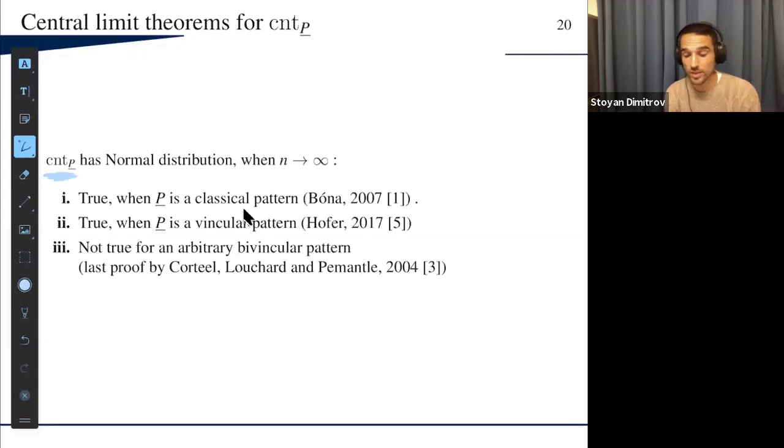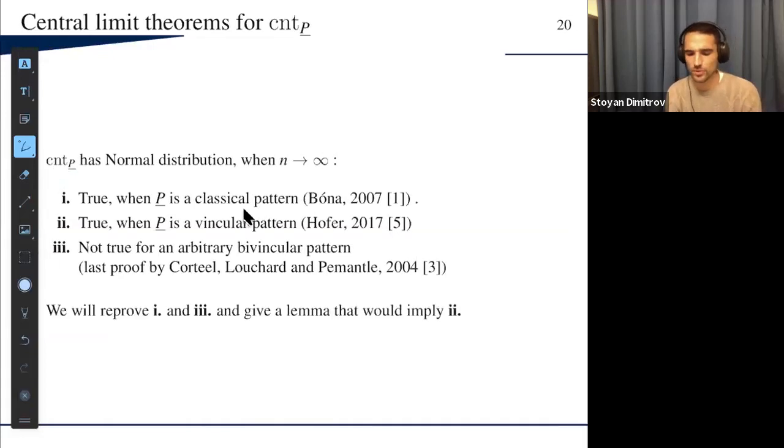However, it turned out that for arbitrary bivincular patterns, this is not true. So we have bivincular patterns for which the limiting distribution is not normal. And using this described approach, we will reprove the first and the third fact in a more direct way, and also we will give a lemma that will imply the second fact.